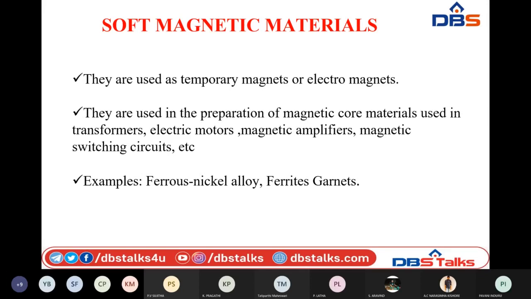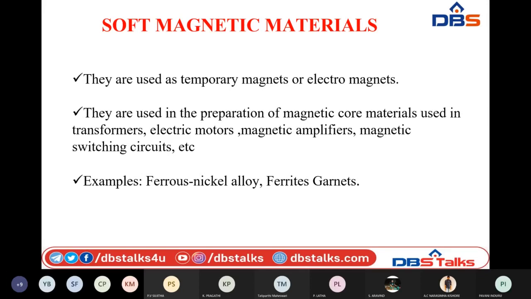In transformers, it is necessary to keep the energy loss low. That is why we choose soft magnetic materials while preparing the magnetic core materials in transformers. Similarly, this is applicable for electric motors, magnetic amplifiers and magnetic switching circuits.